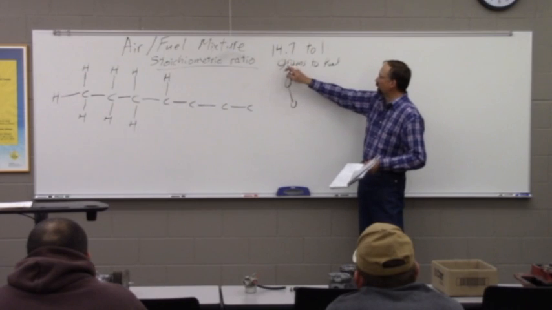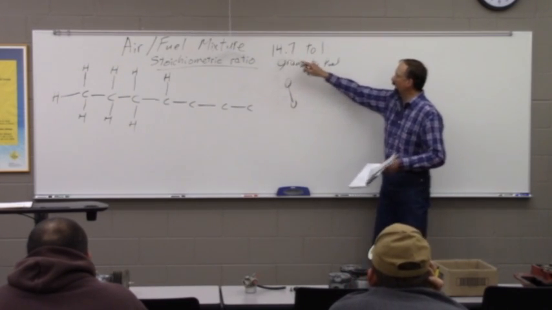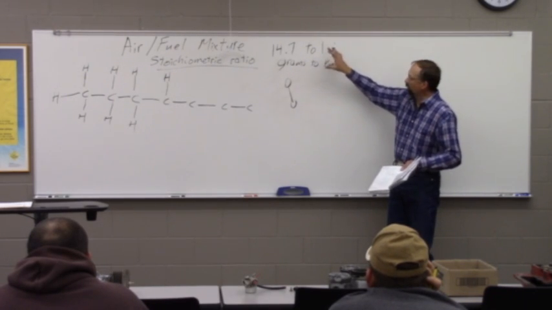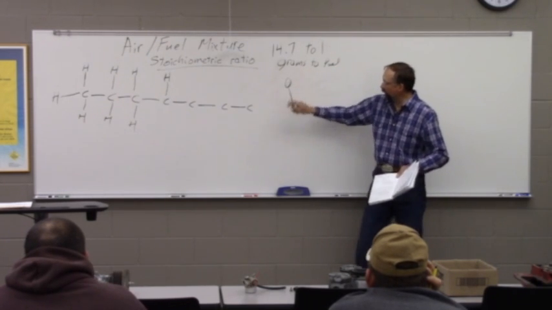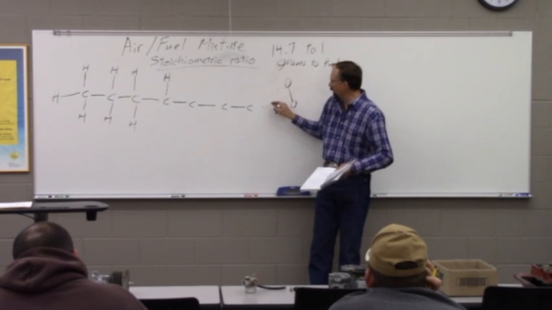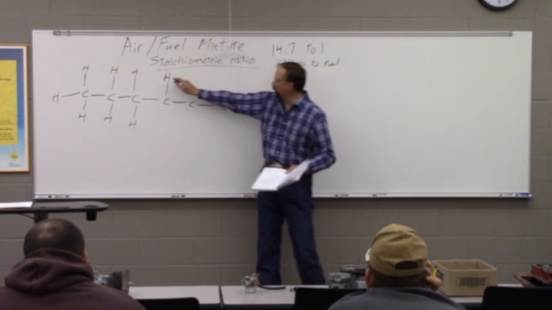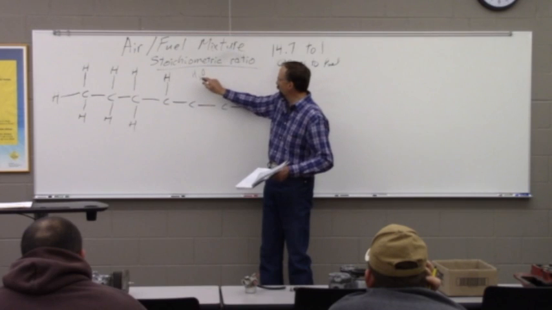You can do it in grams or in pounds, but you want 14.7 pounds of air to 1 pound of fuel. That's the way it works out to get you the right amount of oxygens to bond up with your carbons to make the CO2 that we want, and the right amount to bond up with our hydrogens to wind up with H2Os.